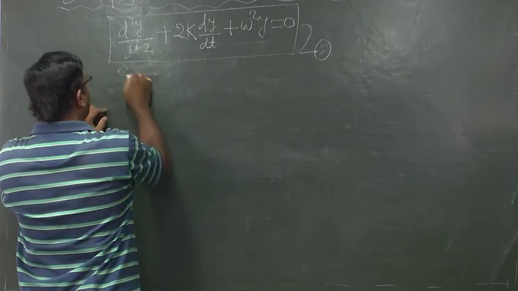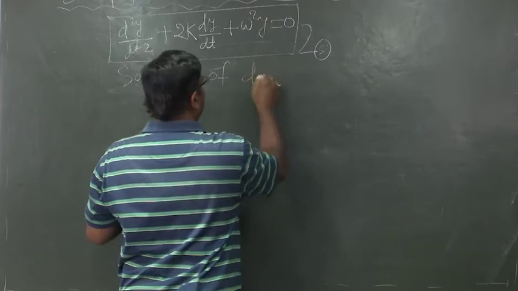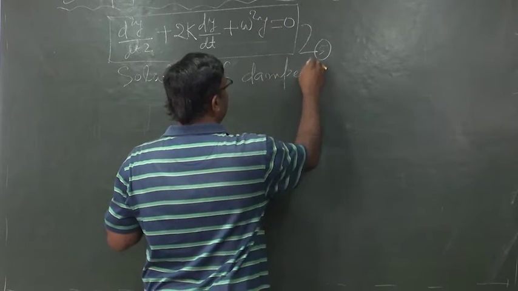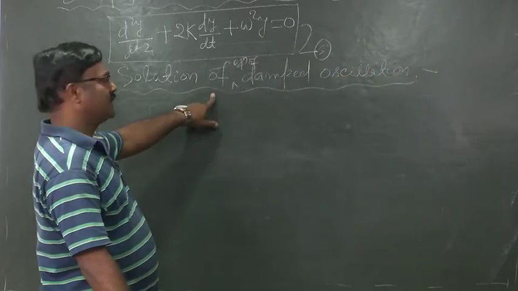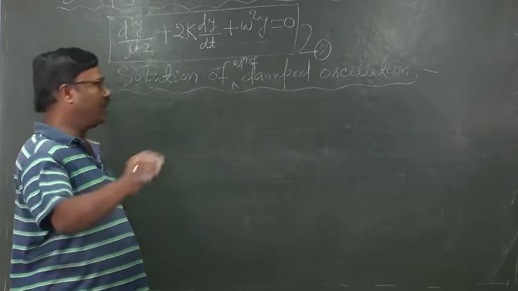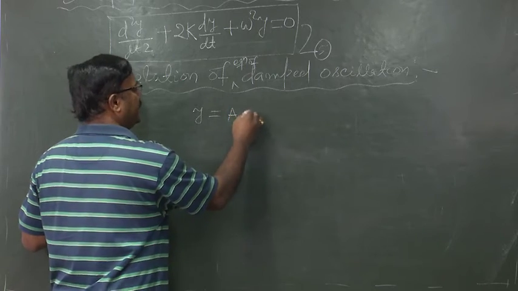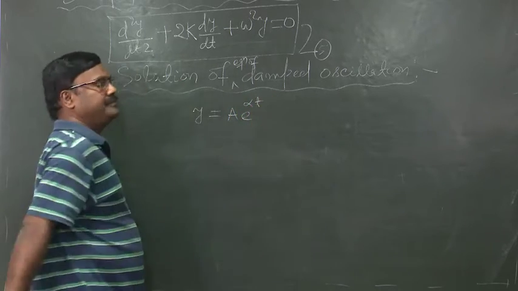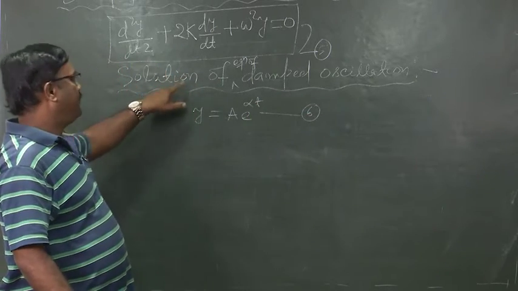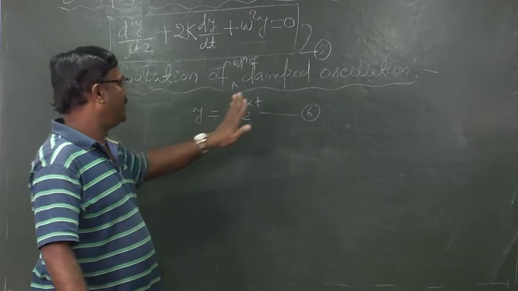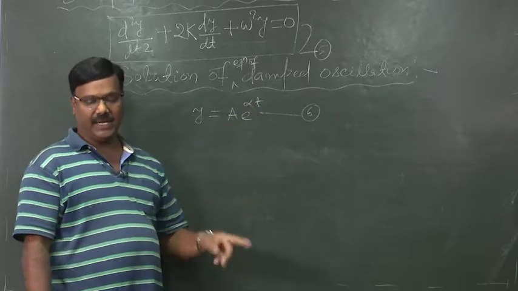Okay, solution of damped oscillation. Let us choose the solution as y is equal to a e to the power alpha t. Let us choose the solution of the differential equation of damped oscillation as y is equal to a e to the power alpha t.